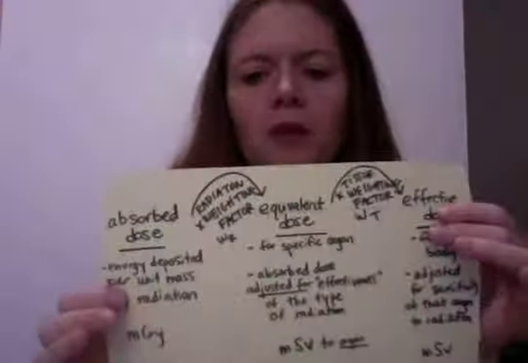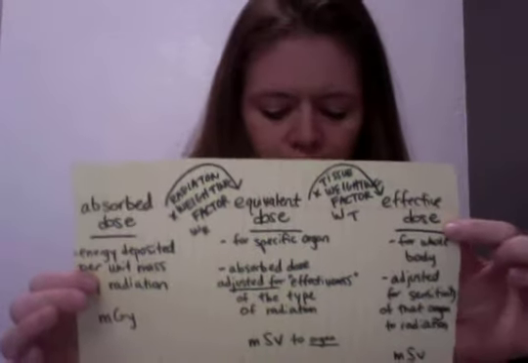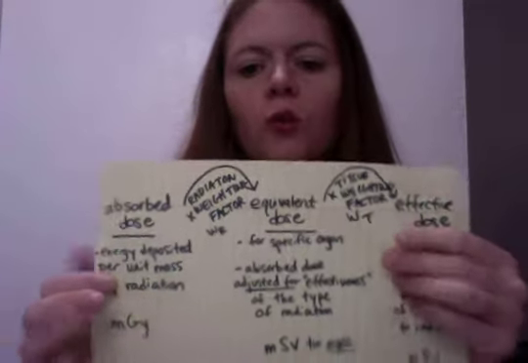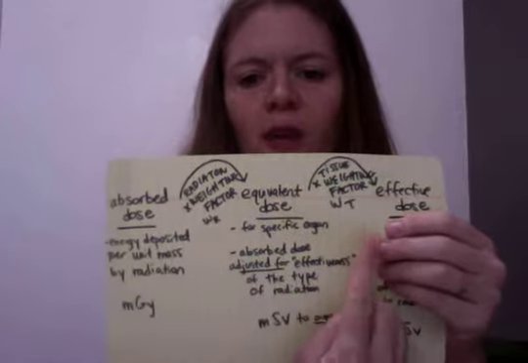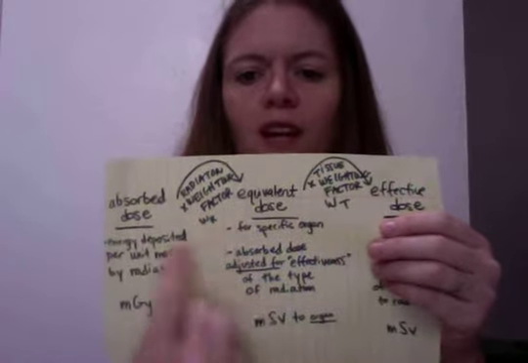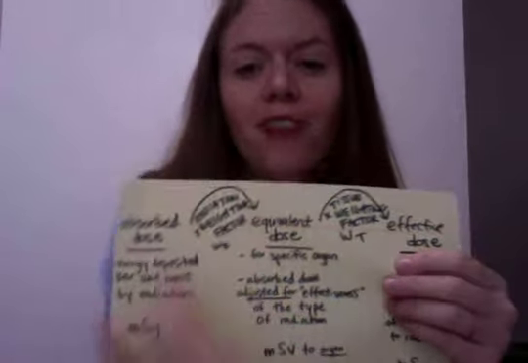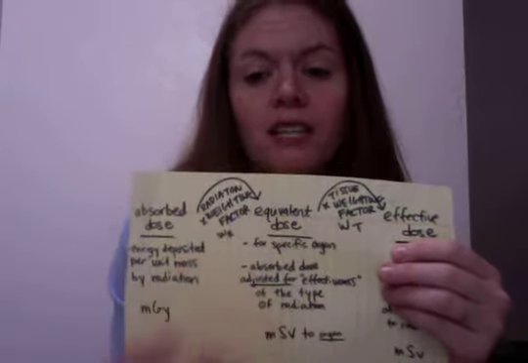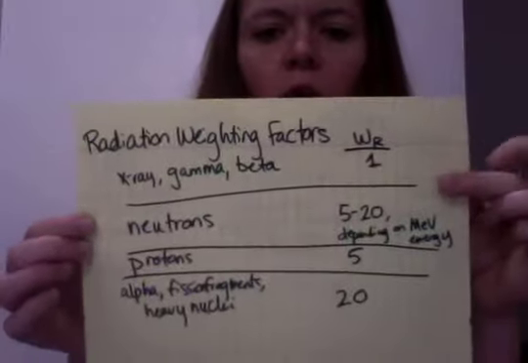Okay, so coming back to that first slide, when we were converting between absorbed dose to equivalent dose to effective dose, we said we had to use radiation weighting factors and tissue weighting factors. So these radiation weighting factors, this is how effective that type of radiation is at causing tissue damage. These are the ICRP's radiation weighting factors.